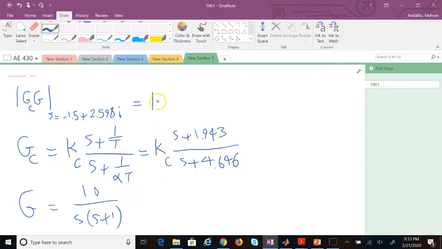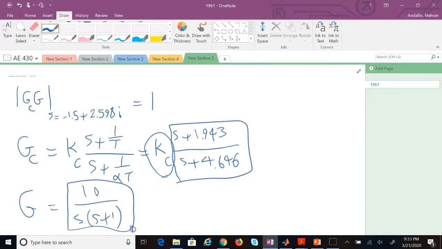Then I set the magnitude of that to be equal to 1. In other words, I find the magnitude of this term at the location and the magnitude of that one at the location, and this magnitude times that one times Kc should equal 1. So if I divide 1 by those two magnitudes multiplied together, I can find Kc, and I assume at this point you all know how to calculate the magnitude of complex numbers. If you do it, you're going to get 1.229.